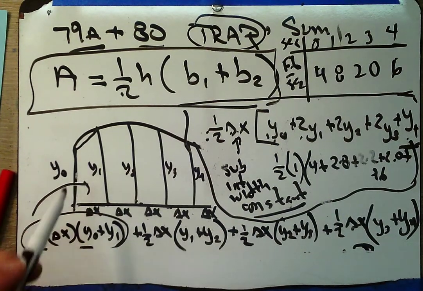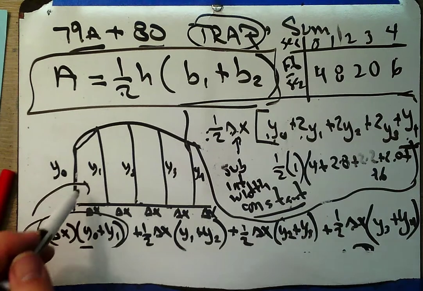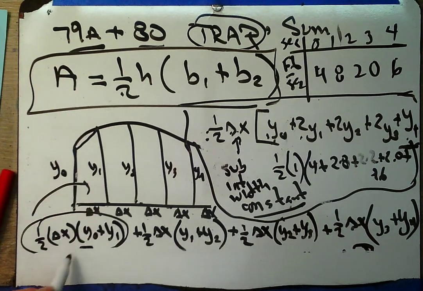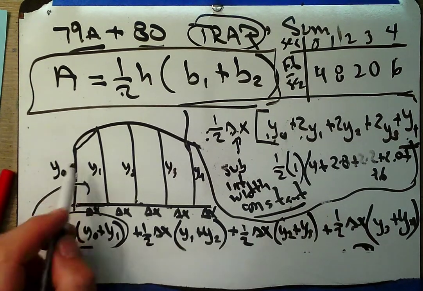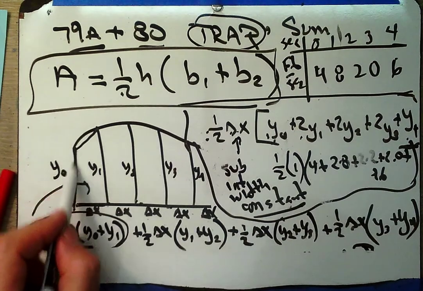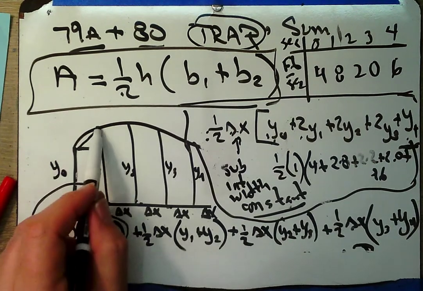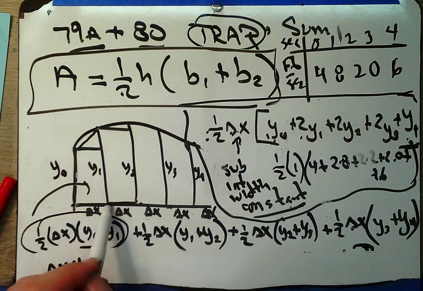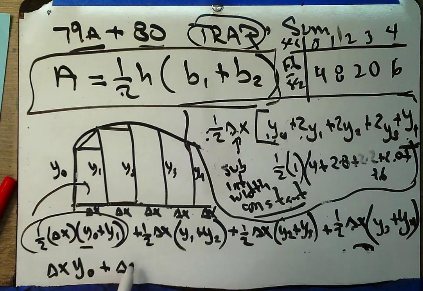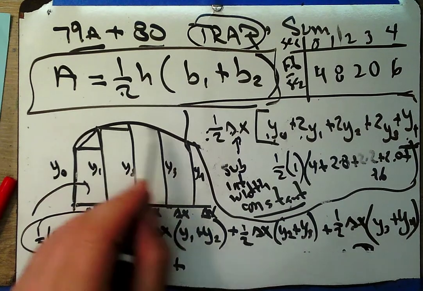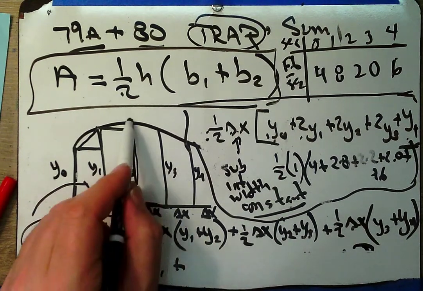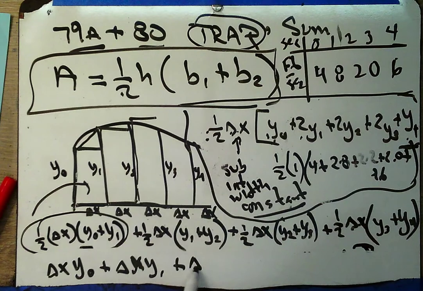If I were doing LRAM, here, my area would be this times this. Okay, so I'd have delta x, y sub 0. And if I wanted to do LRAM here, I would do subinterval width times this height, y sub 1. So delta x, y sub 1. And then I would continue over here. I'd have delta x, and now I'd have y sub 2.